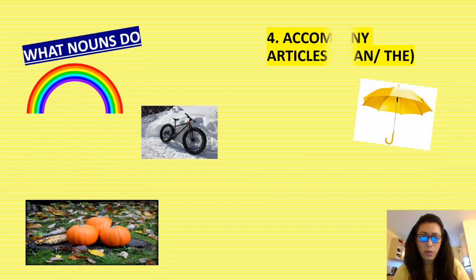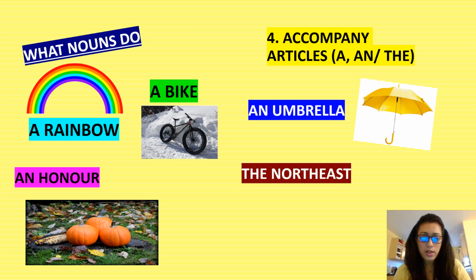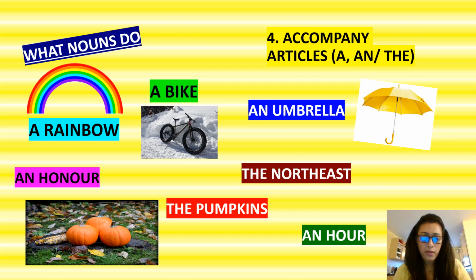Moving on to accompany articles, which is a and the. Now, nouns are often placed next to an article in a sentence. If a word follows an article fairly closely, it's probably a noun. If there's an adjective in there, it'll be between the noun and the article. In that case, consider if the word is naming something you can feel, see, smell, taste, or touch.